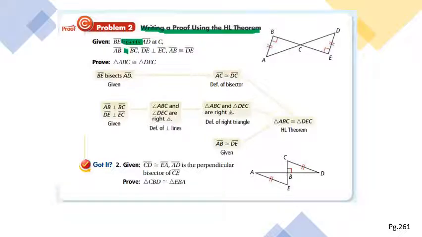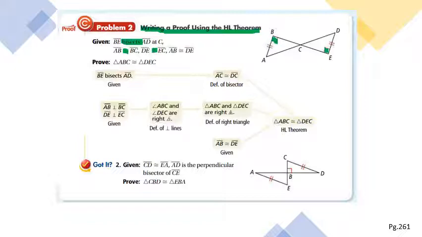This is for perpendicular, is it right? So if you see this symbol, you will understand that the angle here is of course a right angle. Got it? And then they wrote here also DE perpendicular to EC. So the angle is also a right angle. So we have here one pair of right angles.